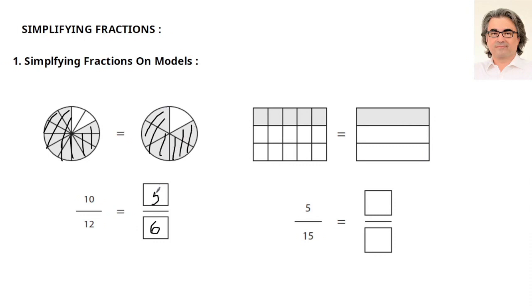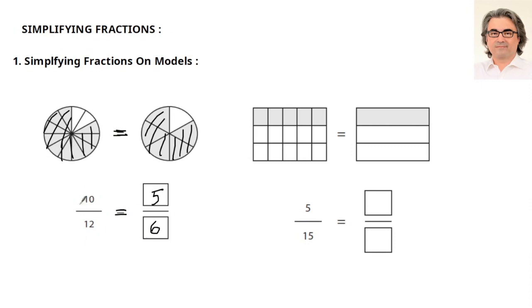So I should write here 5. And the amount of shaded regions for both circles is equal, as we said. That's why we put an equal sign between these two circles. And because of this fact, these two fractions should be equivalent to each other.